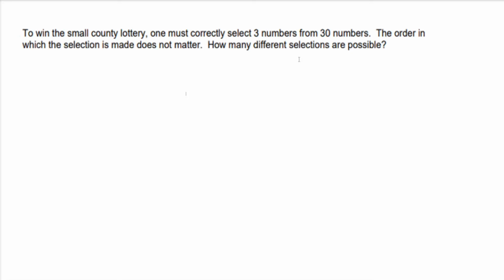Okay, last one. To win the small county lottery, one must correctly select 3 numbers from 30 numbers. Okay, so select 3 from 30. This sounds like 30 choose 3.